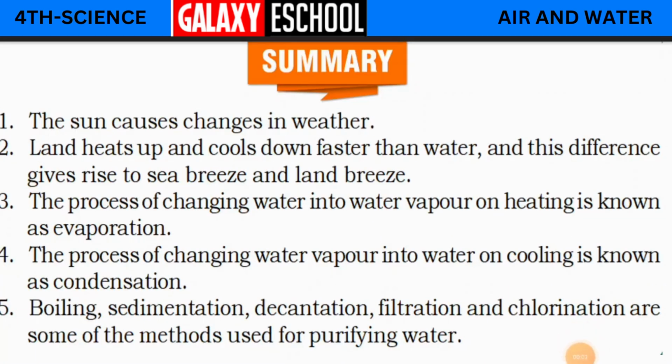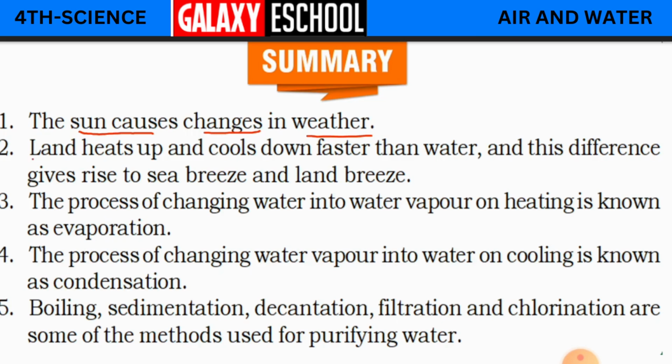Yes, children, let us summarize what we have learned. The sun causes changes in weather. Sun in the sense the heat produced by the sun is going to change the weather, sometimes cool and sometimes hot.